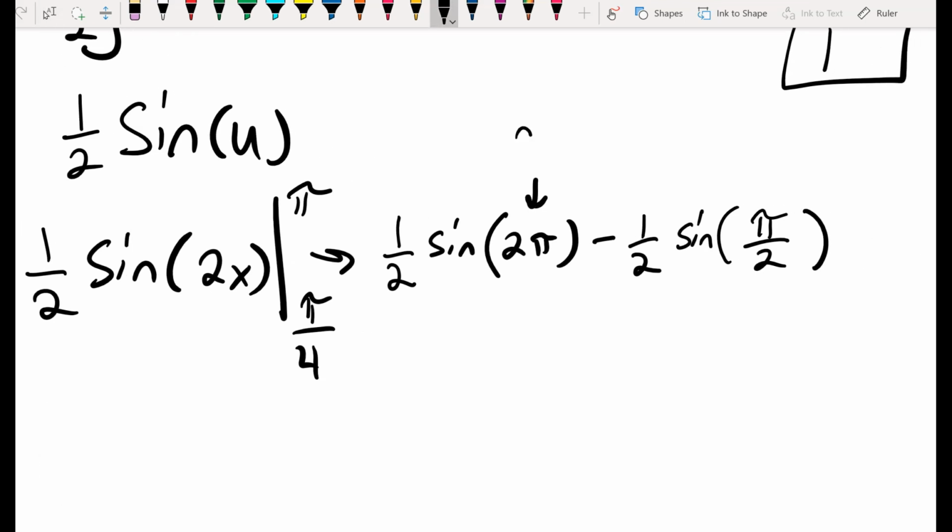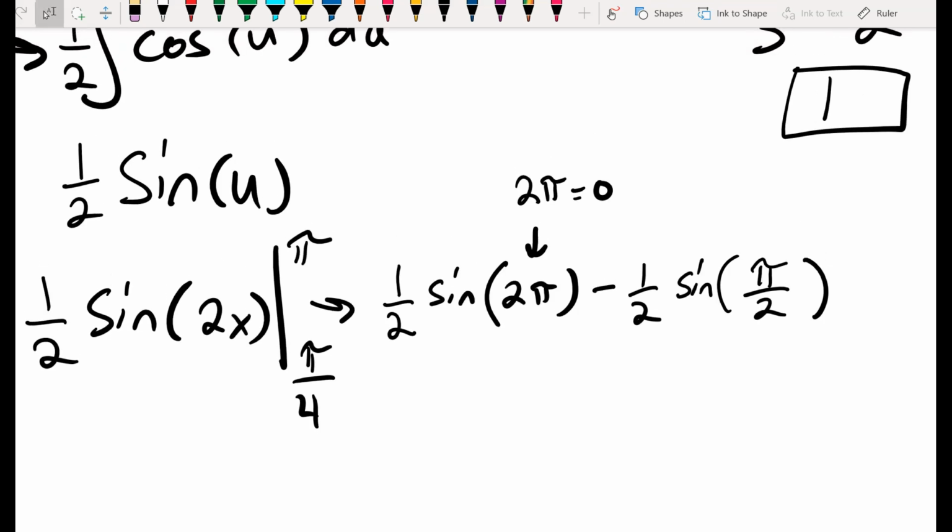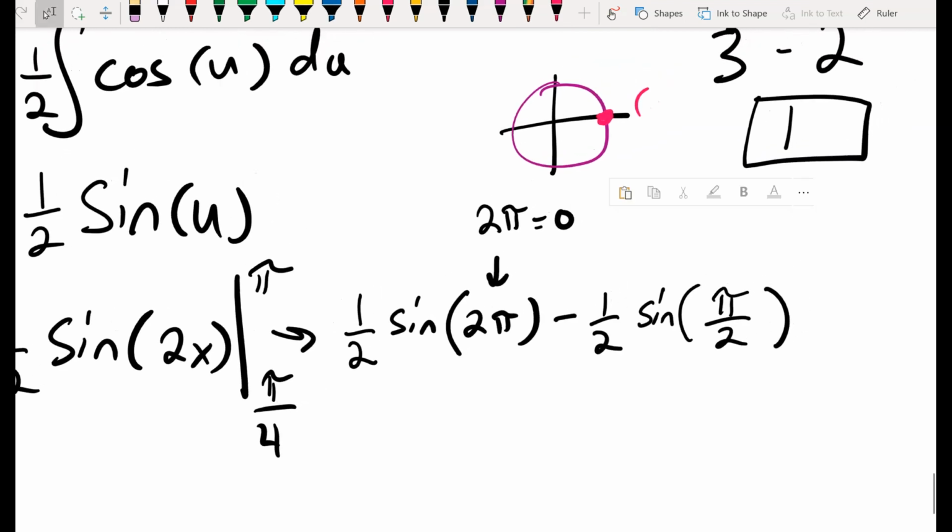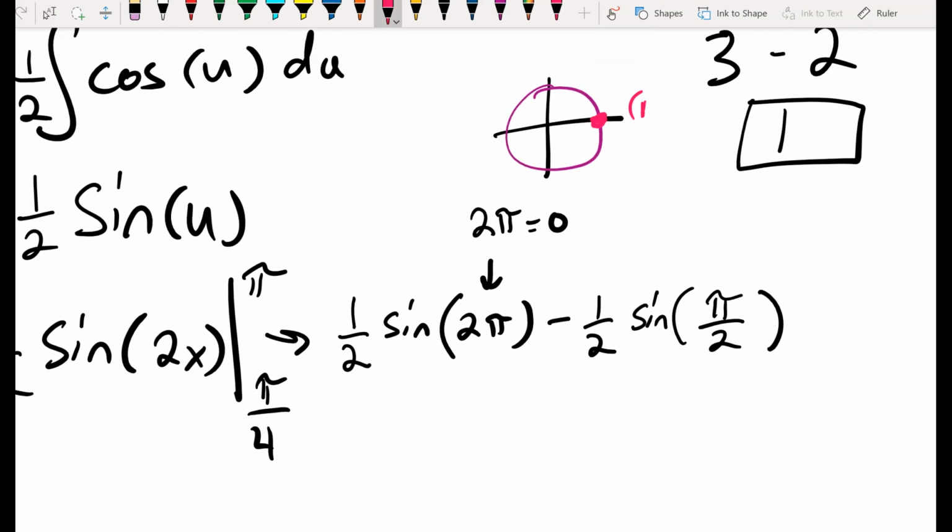Remember, 2 pi is the same thing as 0 degrees, or the same thing as 360 degrees. If I'm thinking about the unit circle, that is this point right here. And remember, for the unit circle, the radius is 1, so that x value is 1, but the y value is 0. So the sine of 2 pi is just going to be 0.